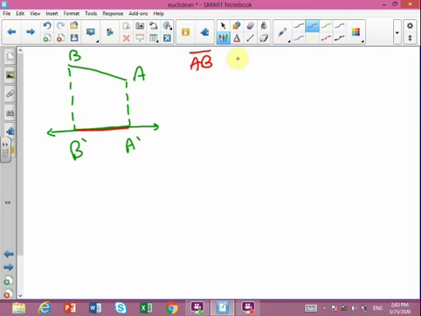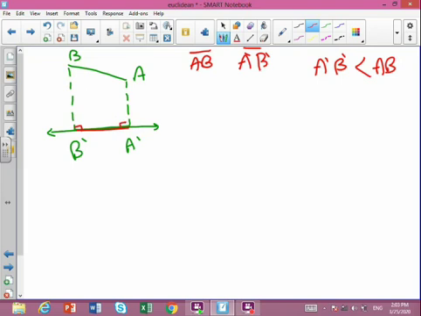Its projection is A dash, B dash, line segment. And the relation between them, as you see here, A dash, B dash is smaller than the original line segment, because it was inclined. When it goes down with perpendicular, it becomes smaller.